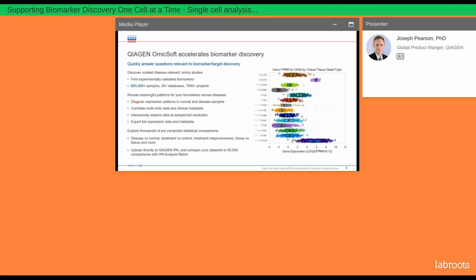As a brief introduction to QIAGEN OmicSoft, our goal is to accelerate biomarker discovery by allowing bioinformaticians and biologists to quickly answer questions relevant to biomarker and target discovery.